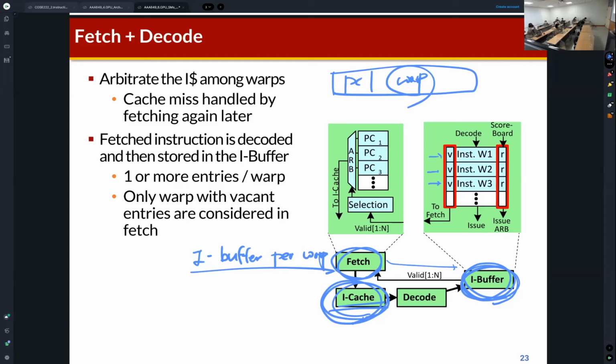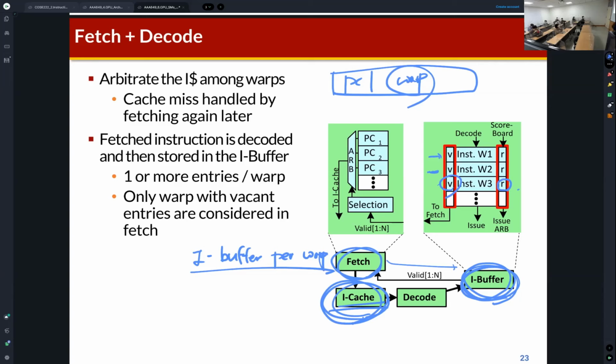It's a round robin queue, so the pointer is changed, and if a warp points to an instruction entry in the instruction buffer, then this instruction will be issued. But we need to check the readiness and the validness of the instruction buffer entry. Actually, this is very simple.